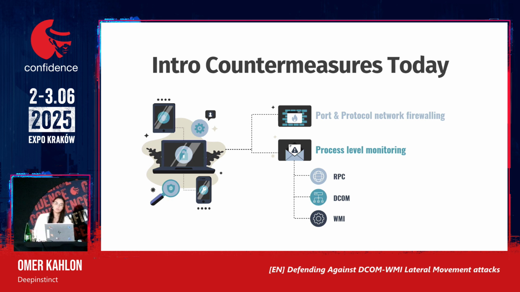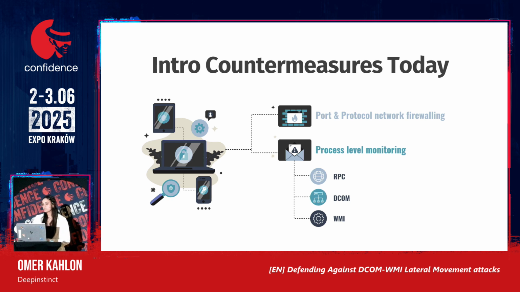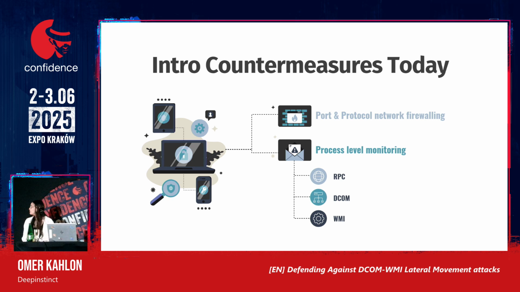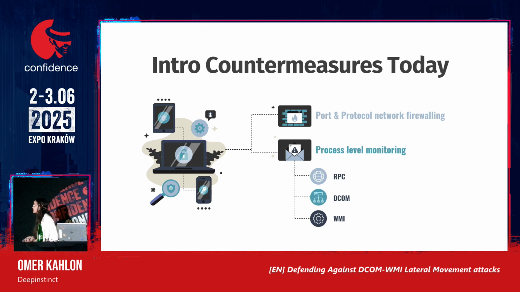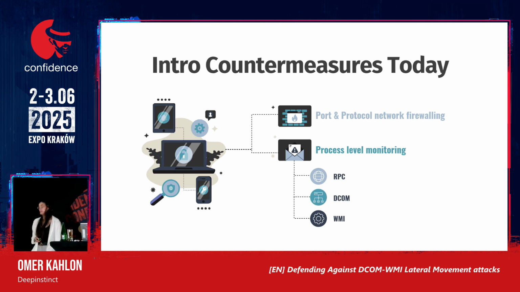For example, we can block ports 445 or 135, which are mainly used by SMB and RPC. However, this is an all-or-nothing approach, and it could be very difficult to implement in a managed domain since many Windows processes and tasks rely on the same protocols.